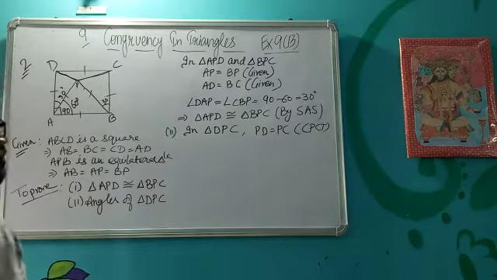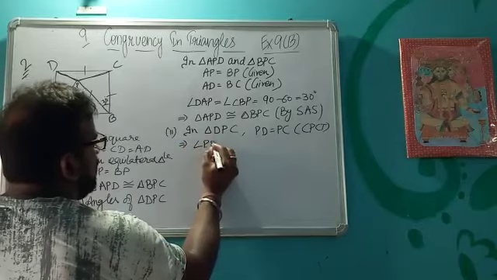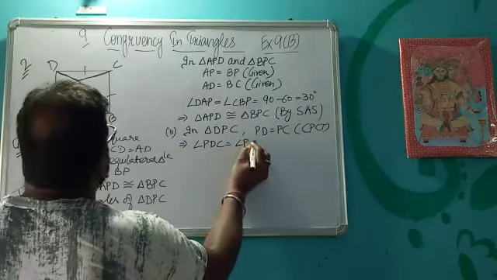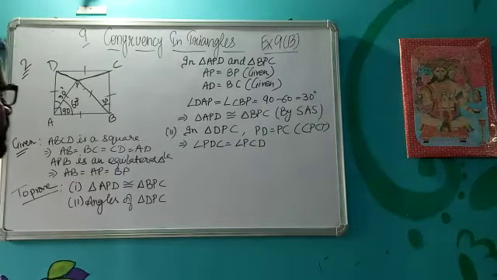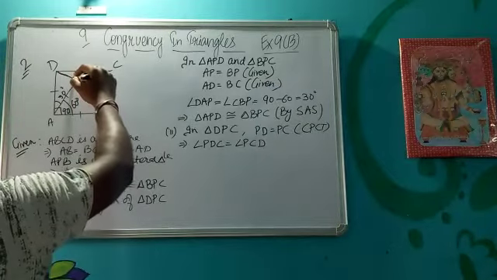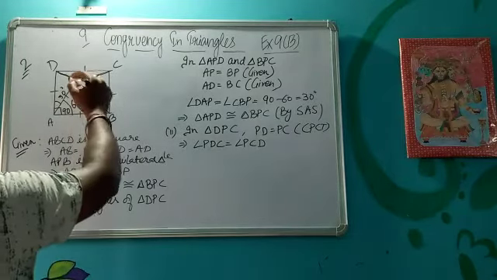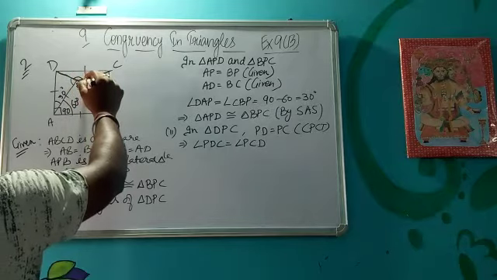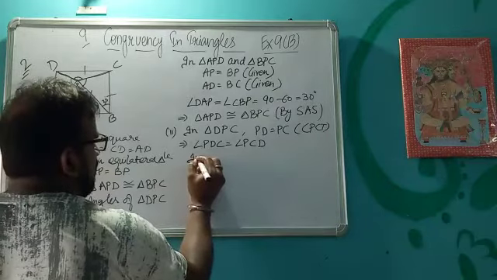This implies angle PDC is equal to angle PCD. So these two angles will be equal to each other. If I get the value of only this angle, then I can easily calculate the value of PDC and PCD.